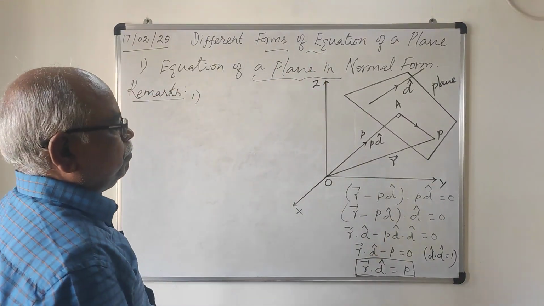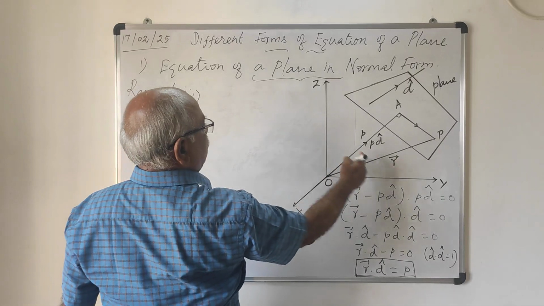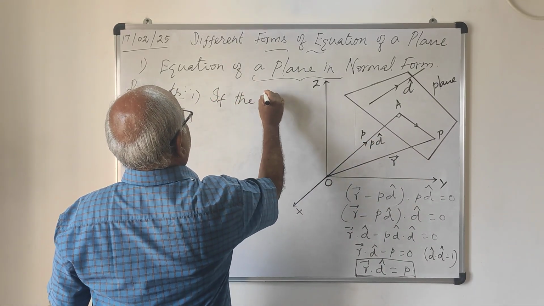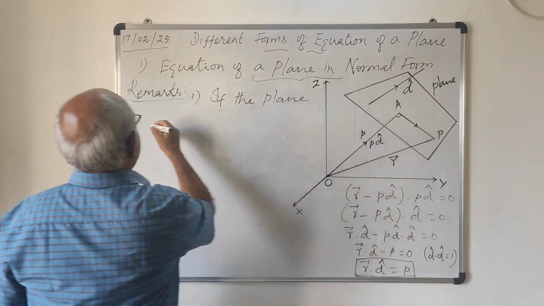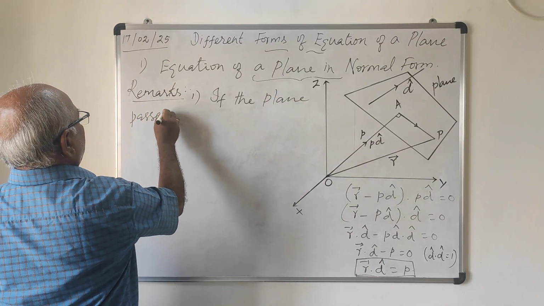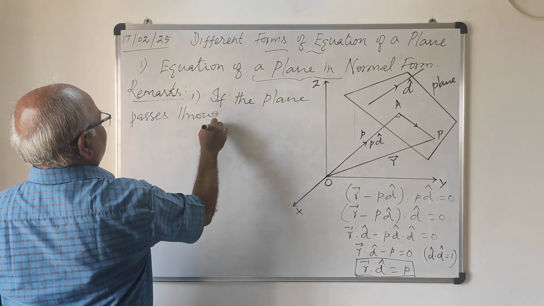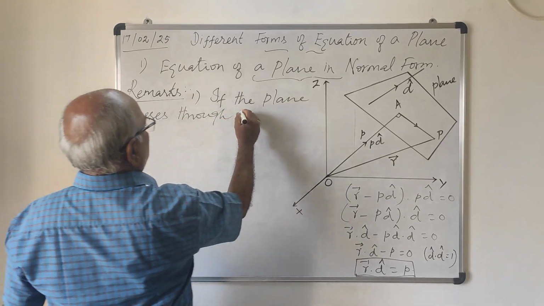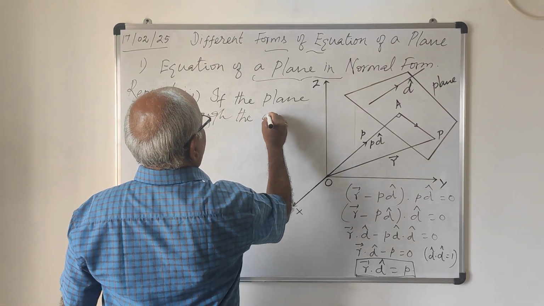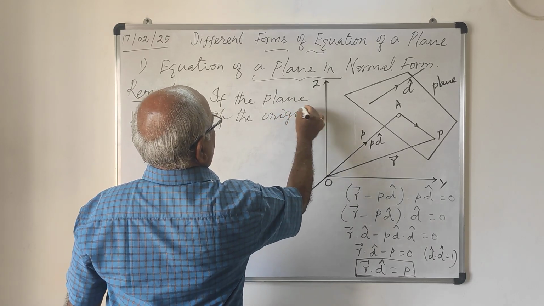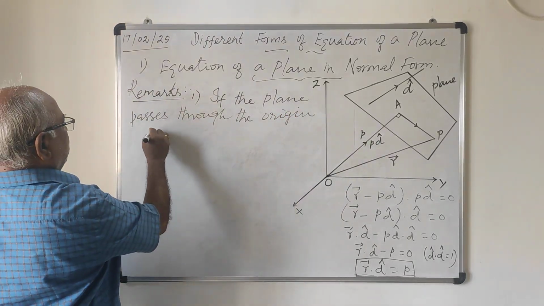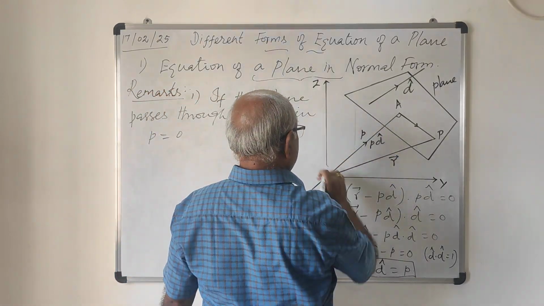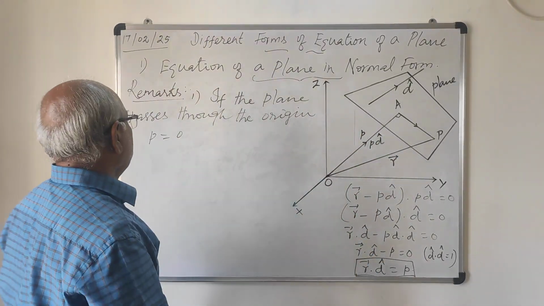Now certain remarks for this normal form of the plane. The first one is, if the plane passes through the origin, then the perpendicular distance p is 0. If the plane passes through the origin, the distance p becomes 0.